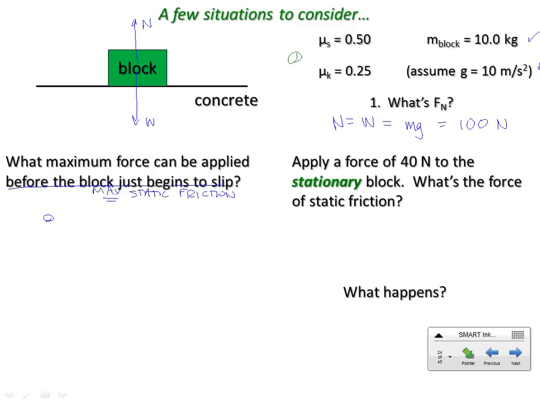A little harder, nothing would happen. How hard can we go until this thing actually does something? We'd have to get to the maximum amount of static friction. So we're really looking for this, F_s max, equals mu s times the normal force.